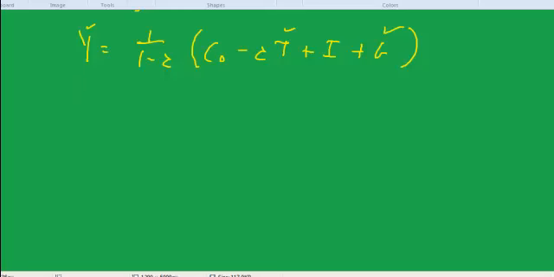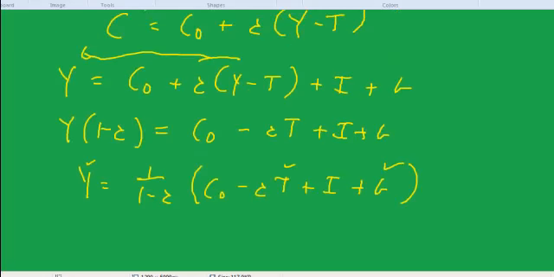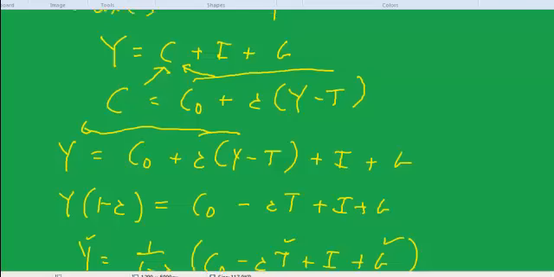Okay, so there's our equation. Suppose that I equals 10, so we have investment of 10.